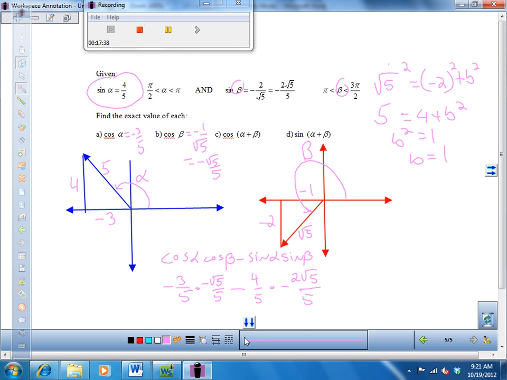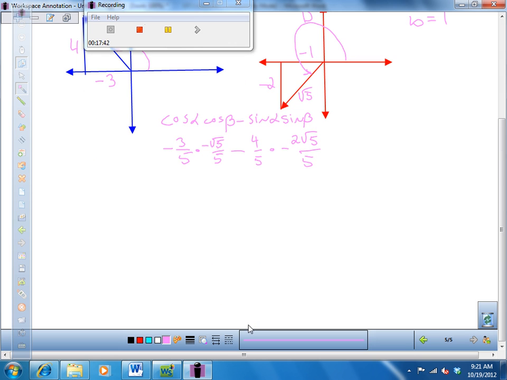And then what you got to do is simplify this. Negative times a negative makes a positive 3 root of 5, that whole thing over 5 times 5, 25. Minus times minus makes a plus. Plus 4 times 2 is 8 root of 5 over 25.